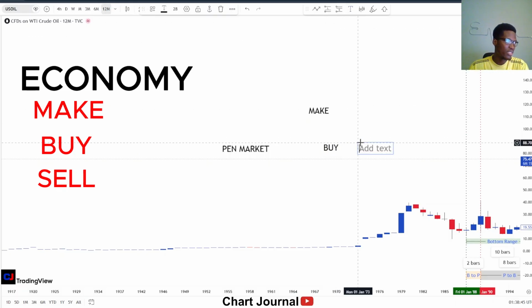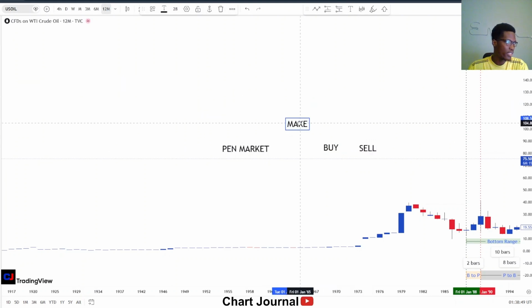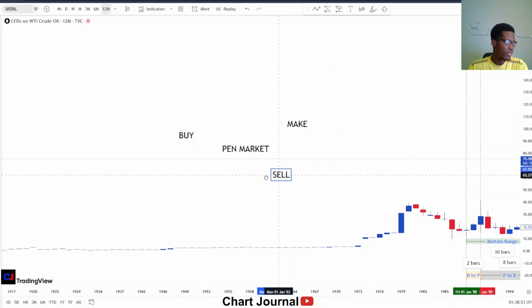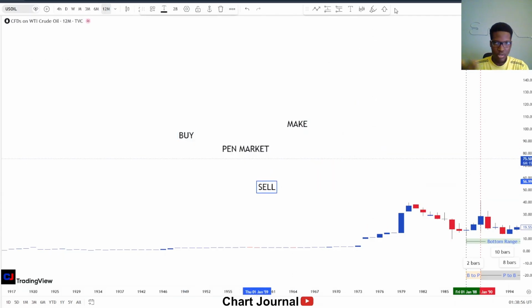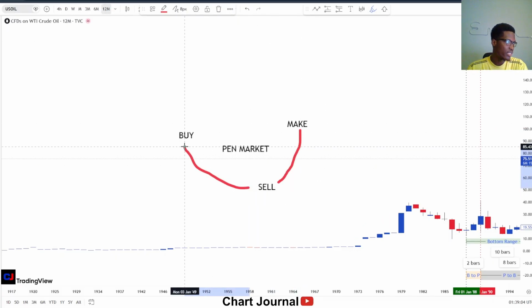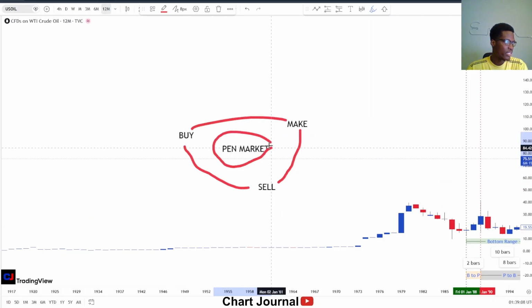And third, we need to sell these goods. So once we make the goods, we can buy these goods, then we come and sell. I'm using this to explain how an economy works, or what an economy is in simple terms. So these are all linked together, all inside the pen markets.